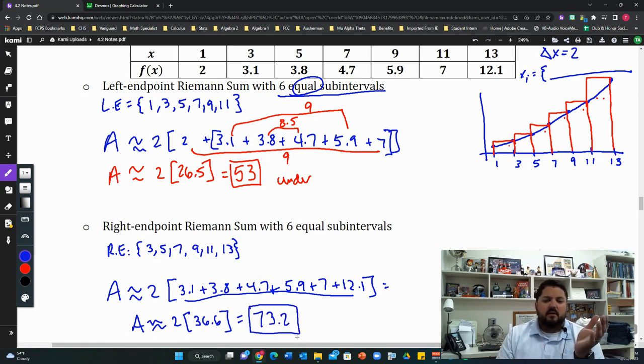And again, we got something bigger than our previous estimate, and that should make sense because this is supposed to be an overestimate. And once again, I now have a boundary of what I know the actual area has to be equal to. The real area must be something between 53 and 73.2.